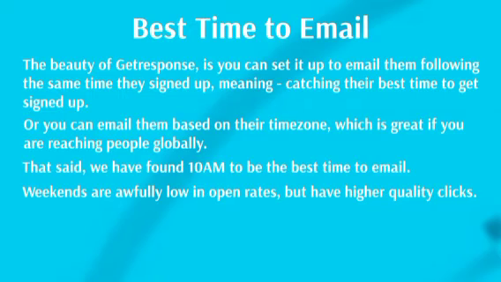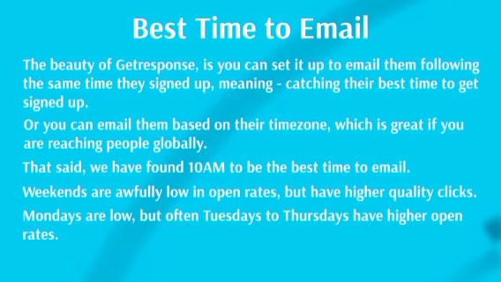We can't give you a definite answer with that as well because different niches are different. Another thing we found is that Mondays tend to be low, and that typically is because people are coming off the weekend, they're tired, and a lot of times they don't really want to check their email. They have to check their email, but they may not really want to, or they're catching up on things and they're really, really busy.